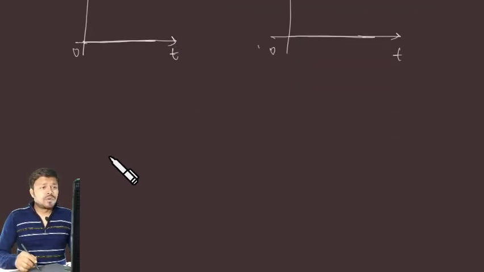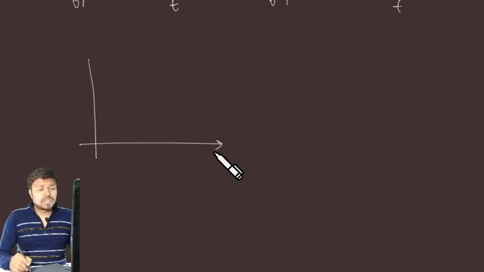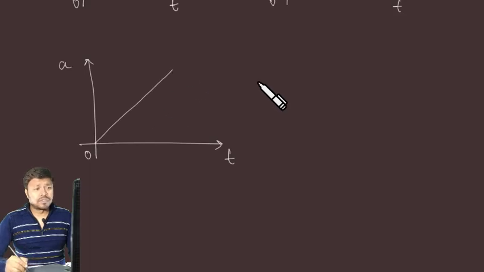Alright. Now non-uniform motion. Non-uniform motion means what? When the body is constantly changing its velocity. So if the acceleration is constantly changing at an equal rate, the graph would look like this.